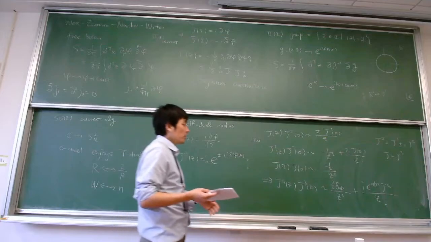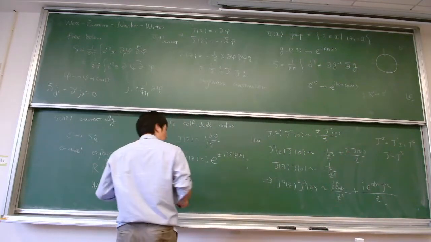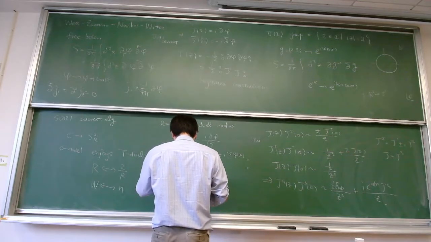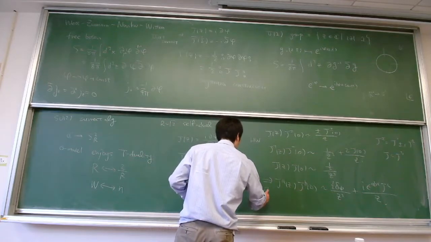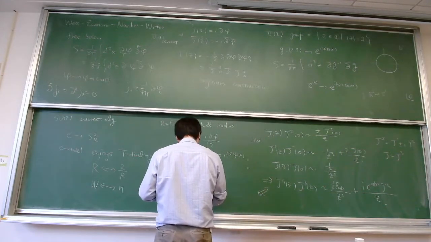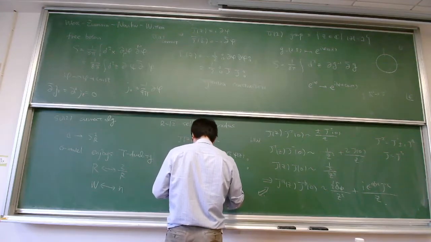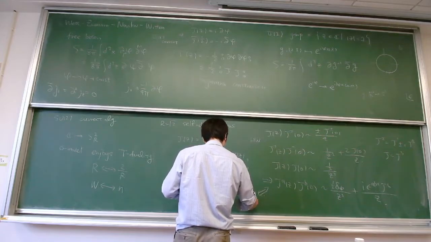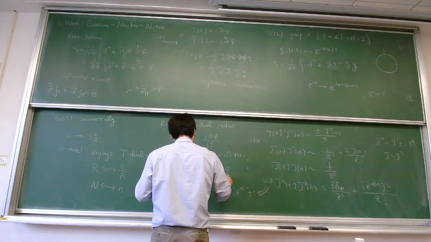So here you can easily see it's very reminiscent of what you learn in quantum mechanics, the commutation relation of T^A and T^B equal to i epsilon^ABC T^C, where T^A is the Pauli matrix over 2.